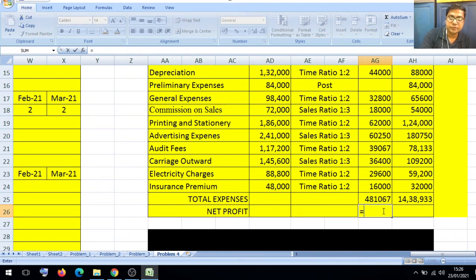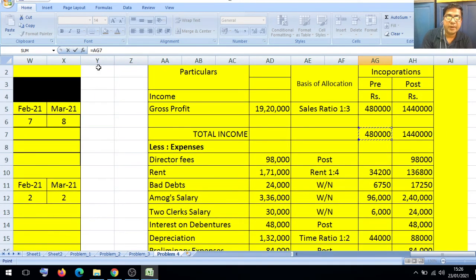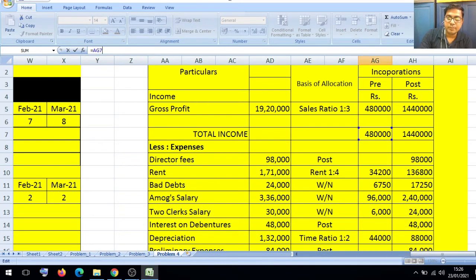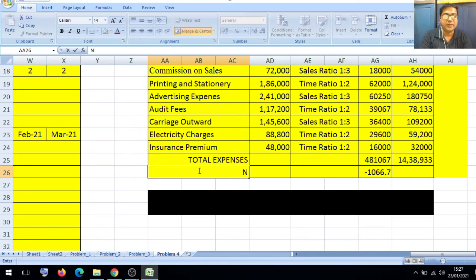How we will find out? 4,80,000 minus 4,81,067. We will get the minus value. It is considered as a net loss.